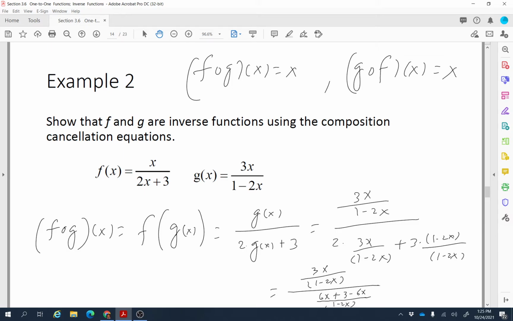So I can cancel this positive 6x and negative 6x, and similarly the 1 minus 2x here and the 1 minus 2x here can be cancelled out. The leftover is 3x from the top part and 3 on the bottom part. If you cancel this 3 and 3, that will give you x. So from one side, we found that it's x. We have to do the same thing from the other side.